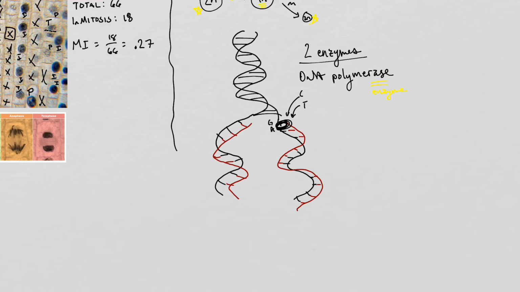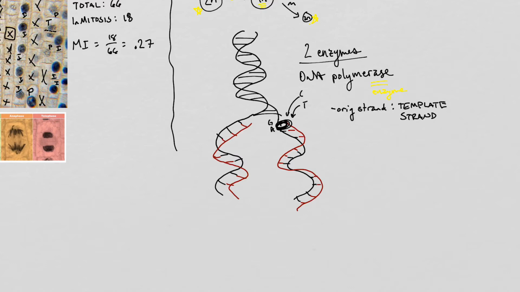So a couple of vocab words here that go along with this. The original strand is what we call the template strand. And that's what it's going to use to make the new one.